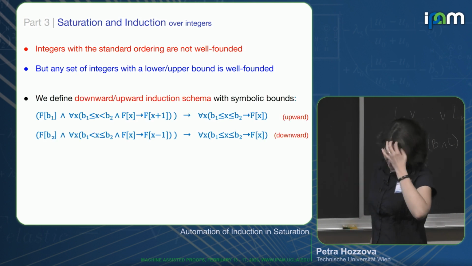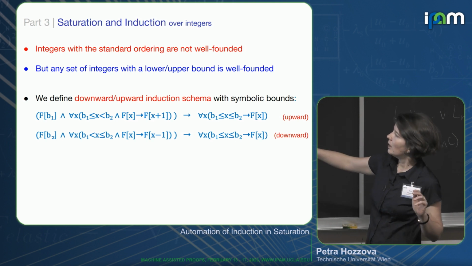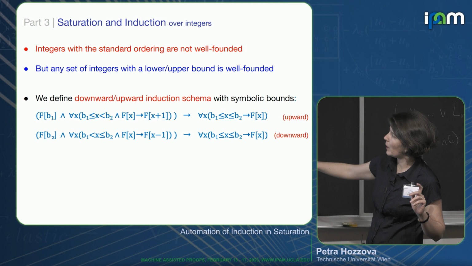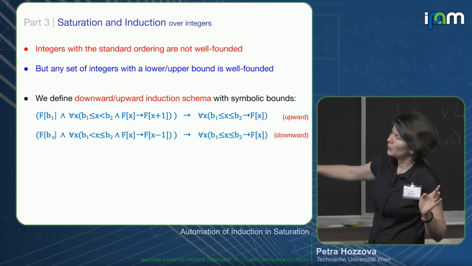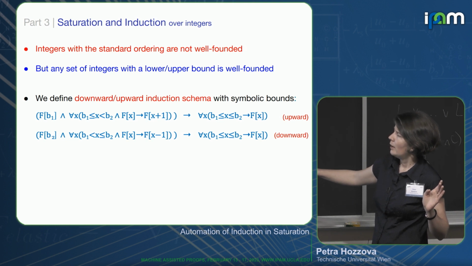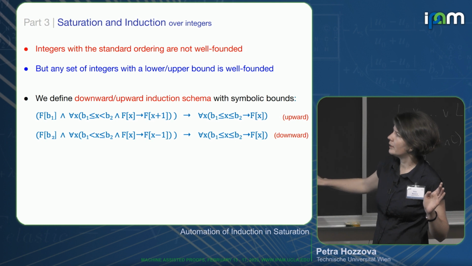And we do this by defining these induction schemas with so-called symbolic bounds. To take it word by word, by downward or upward, we just mean whether in the induction step we're doing +1 or -1. By symbolic bounds, we mean that we are doing this induction within some interval.